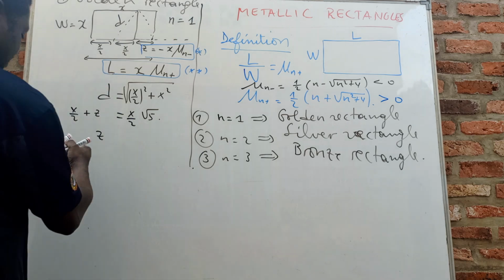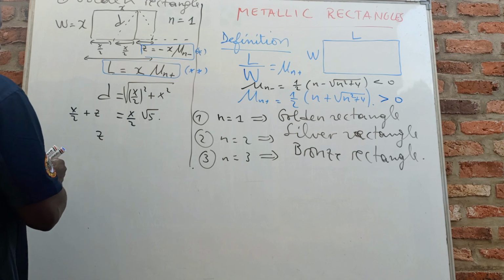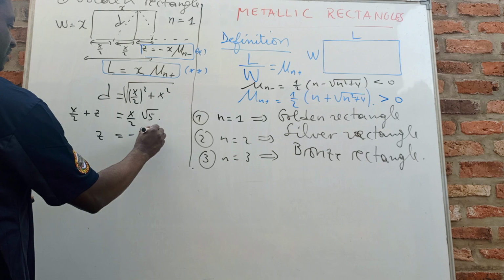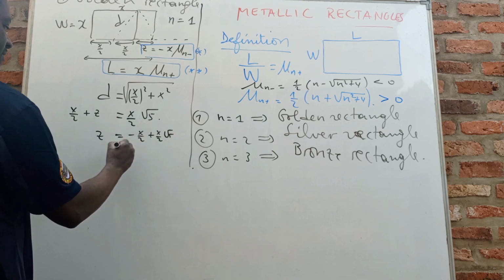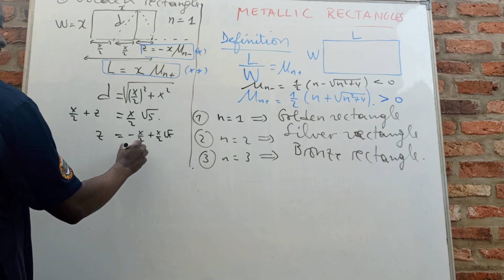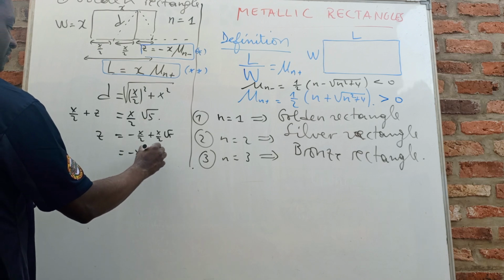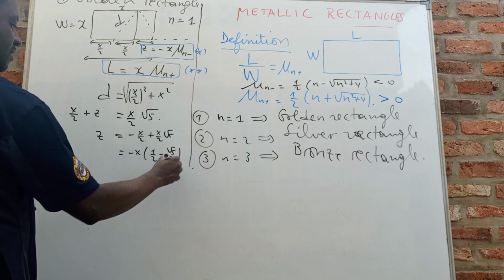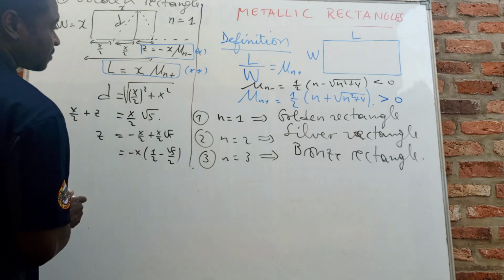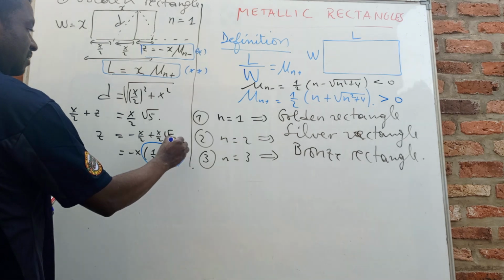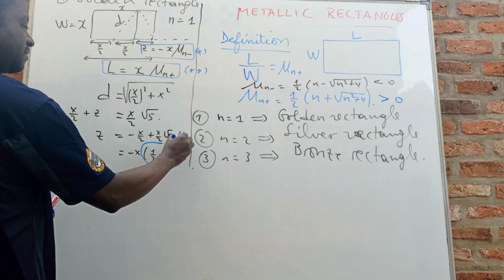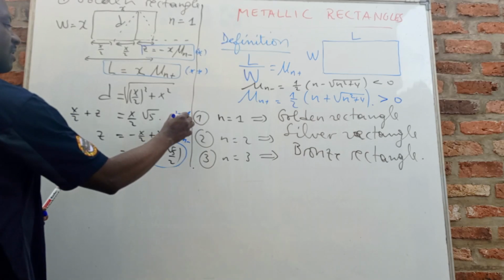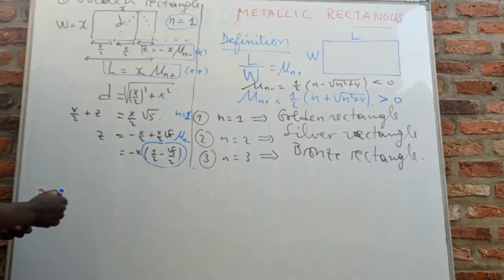So z here is equal to this on the other side, the square root of 5. This is exactly negative x times half minus the square root of 5 over 2. And that is exactly the conjugate of the metallic ratio with n equal to 1, as we have indicated.